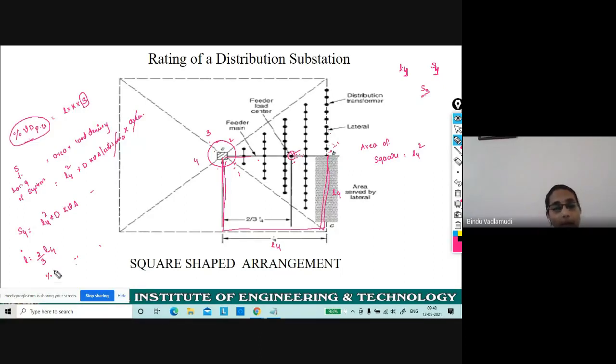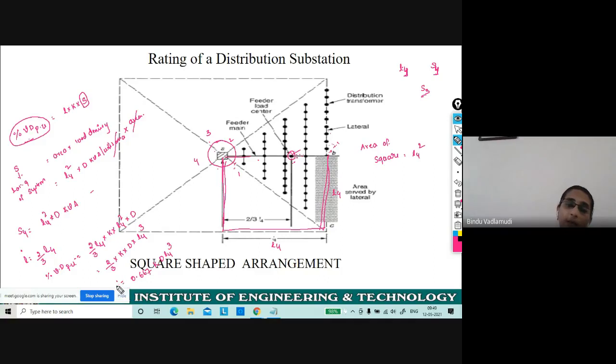So percentage voltage drop per unit is equal to 2 by 3 into L4 into K into L4 square into D. That implies 2 by 3 into K into D into L4 cube. What is the value of 2 by 3? 0.667 K into D into L4 cube.